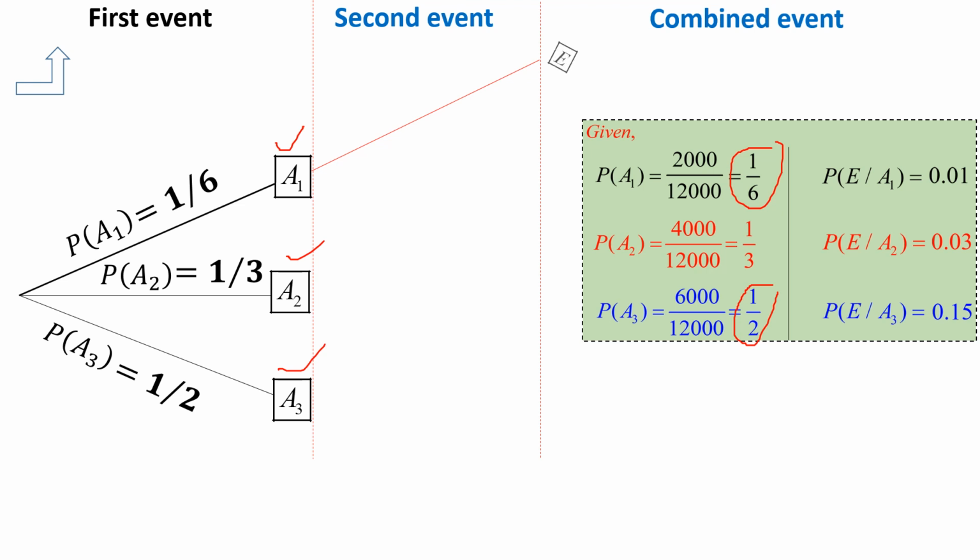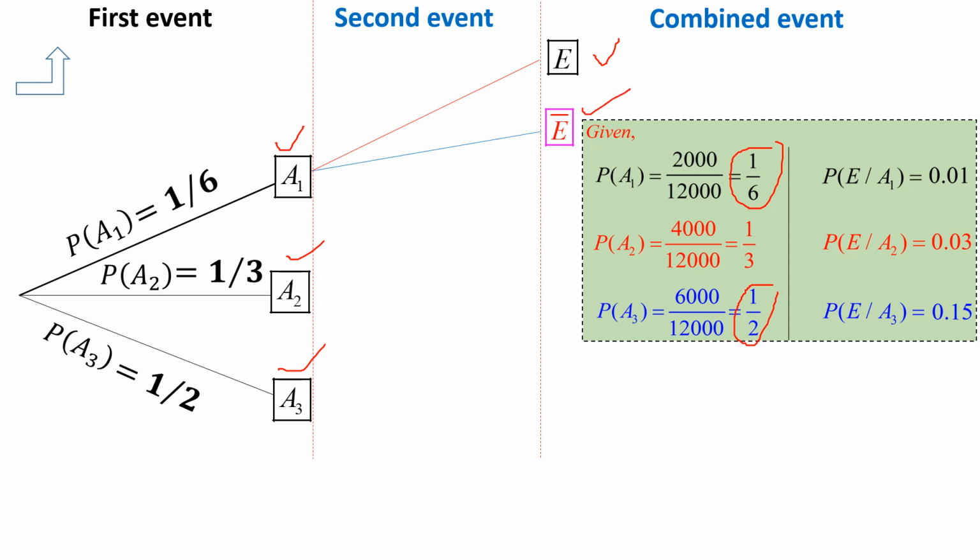So this is one possibility. E means an insured person will meet an accident. And here again we draw one line. This line represents E bar, E complement. E means happening of accident, and E complement simply means non-happening of accident.